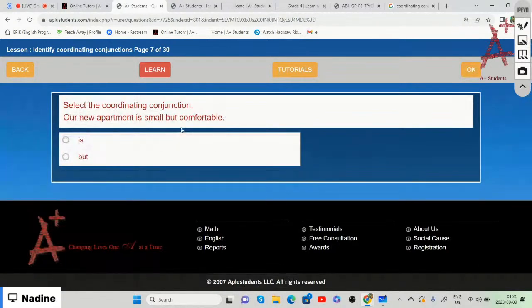And then our new apartment is small but comfortable. So definitely, but is our word.